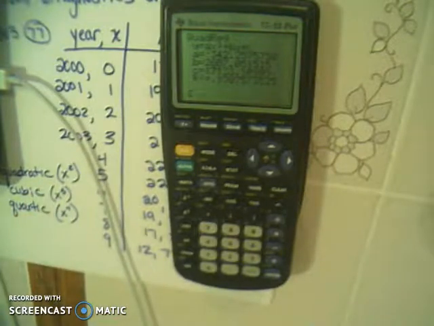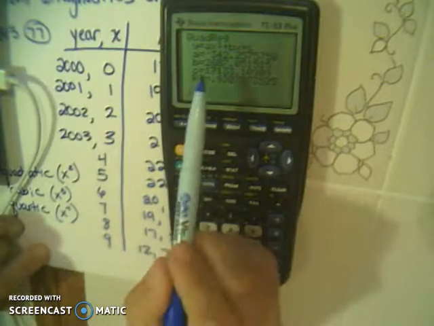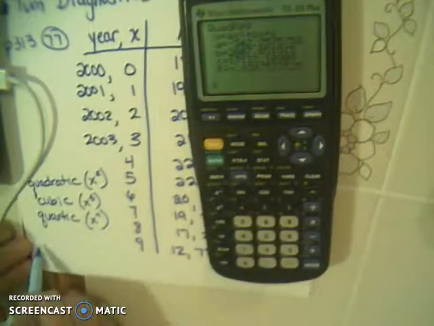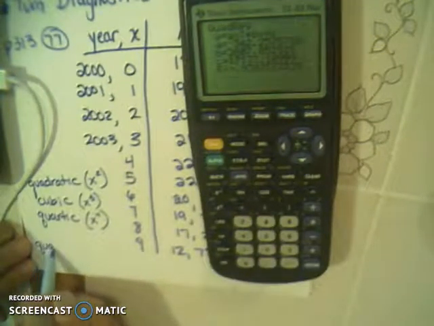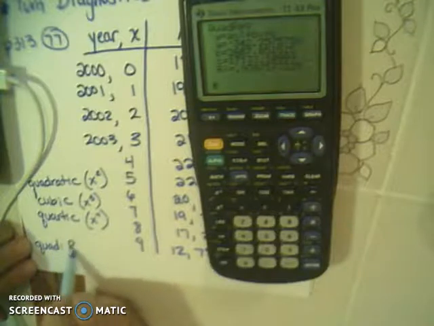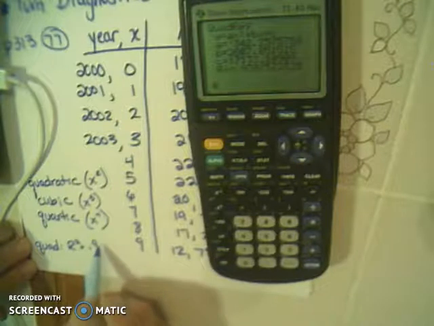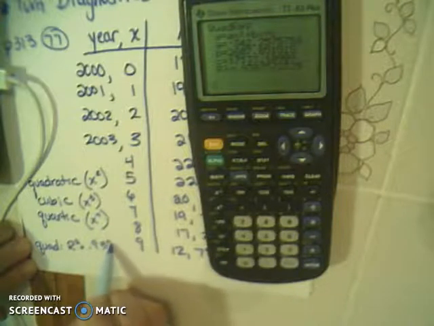So to decide if this is a good model or not, what we're looking at is this r squared value. So for the quadratic regression, and I want to write this down because I'm going to use it to compare later, r squared is 0.9388 if we round it.